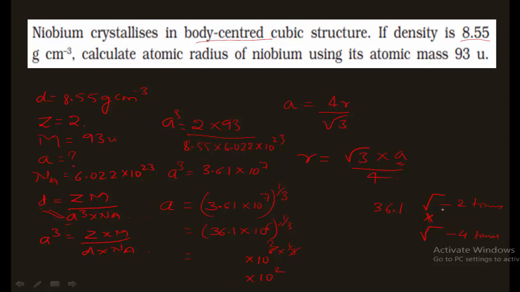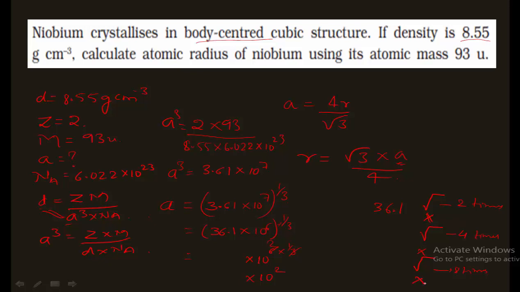First we have to click it for 2 times, then multiply, then again click the square root 4 times. And again we have to multiply, and again we have to press the square root 8 times.